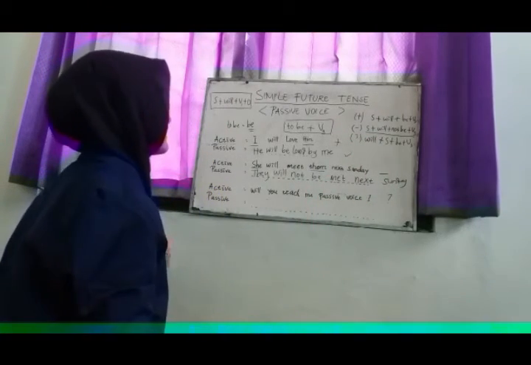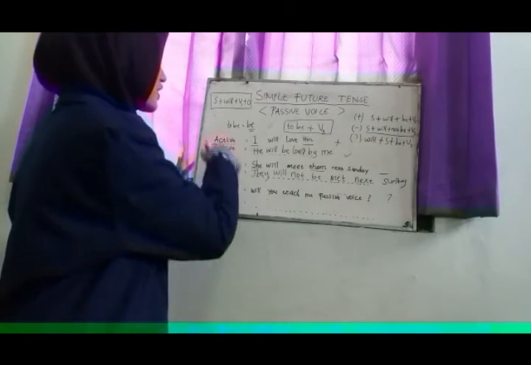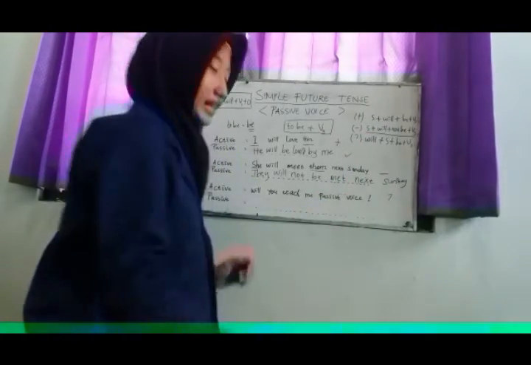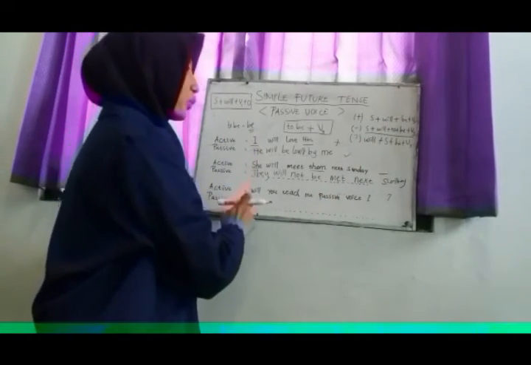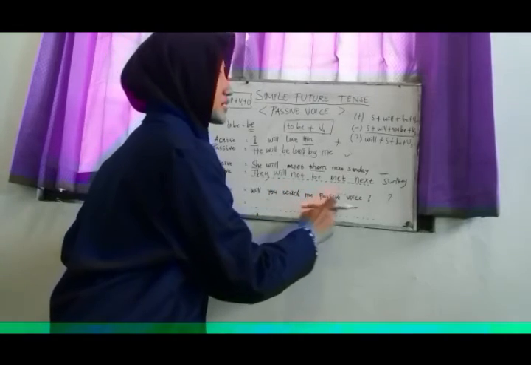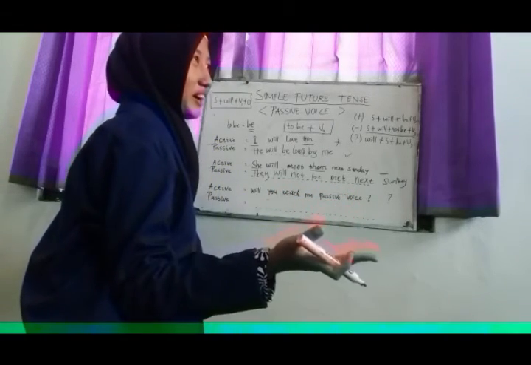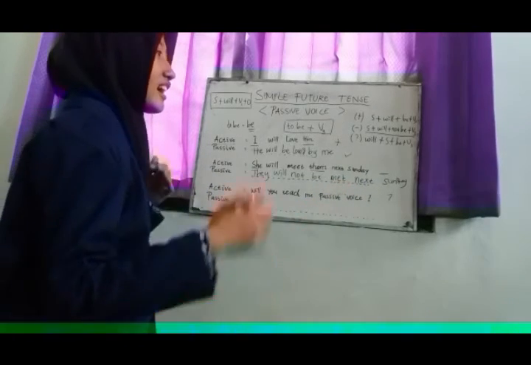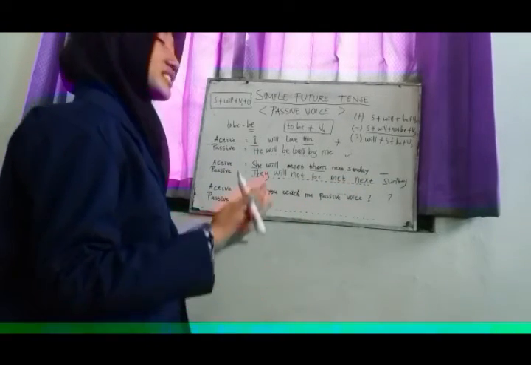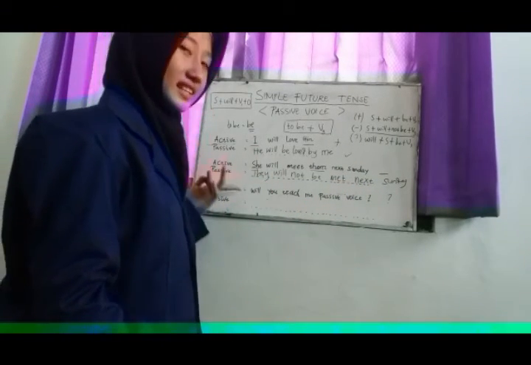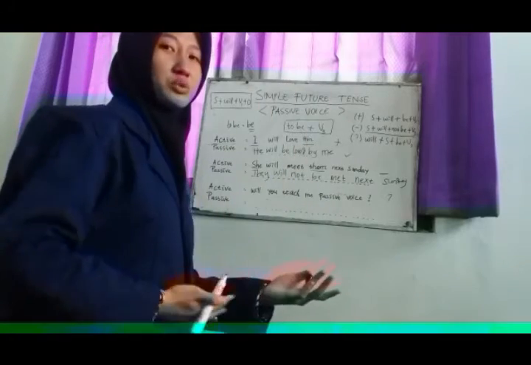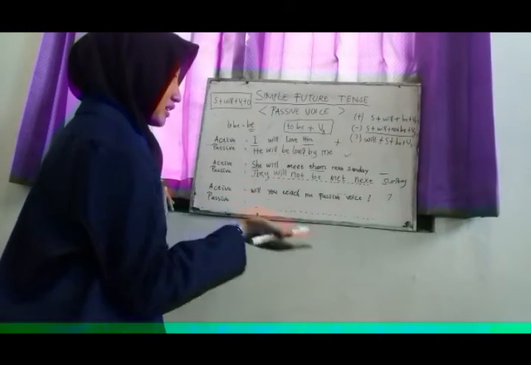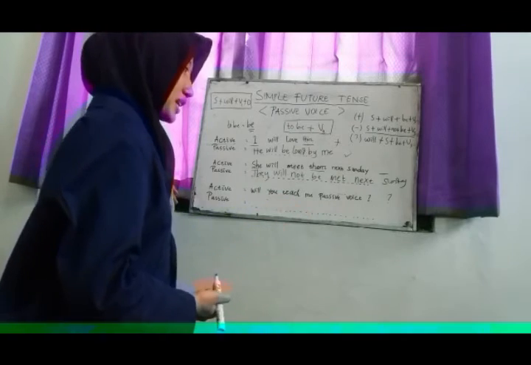And the last, I have the third sentence in interrogative sentence. This is, will you teach me passive voice? Oh, don't worry and don't feel confused because this is an interrogative sentence. We just need to switch between subject and object, same as before. In your opinion, where's the subject and where is the object?